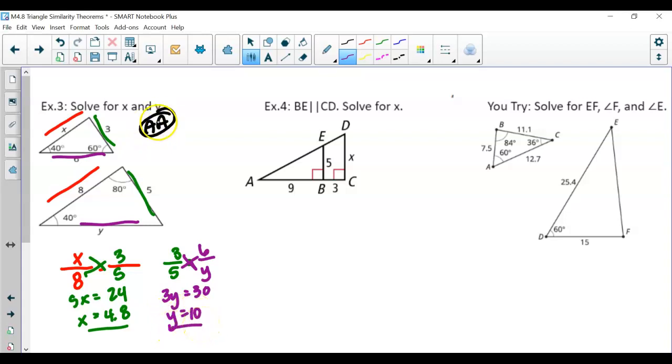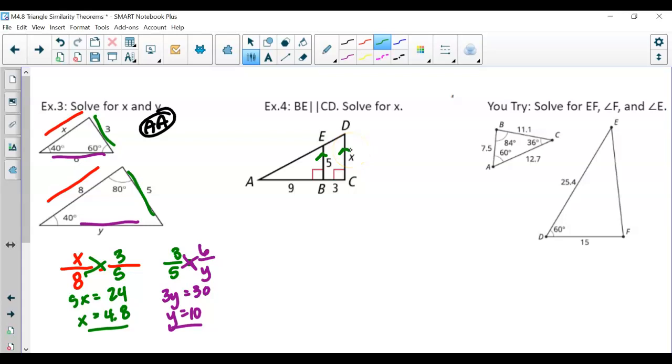So due to the AA theorem, we can state that the corresponding sides are proportional in order to solve for x and y.